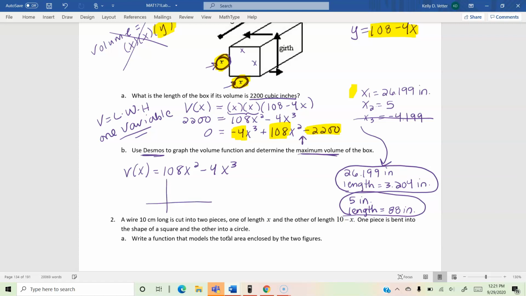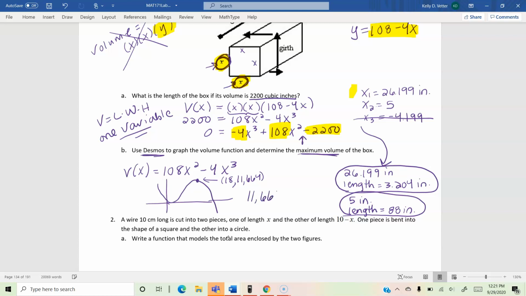So here's where, if I was you, I would add a quick sketch to your notes to show that you did that. And then you could label this point here, and it was 18 and then 11,664. Those were the two values of that maximum point there. And that is going to be your maximum volume possible.